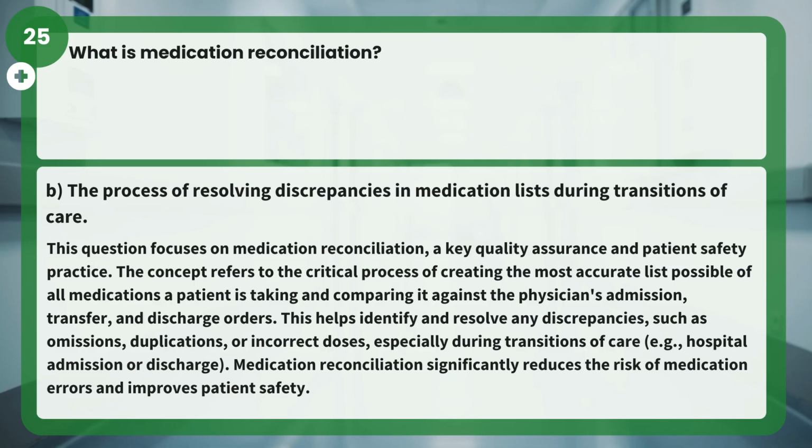This helps identify and resolve any discrepancies, such as omissions, duplications, or incorrect doses, especially during transitions of care, e.g., hospital admission or discharge. Medication reconciliation significantly reduces the risk of medication errors and improves patient safety.